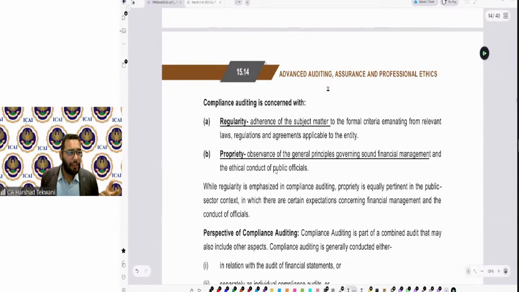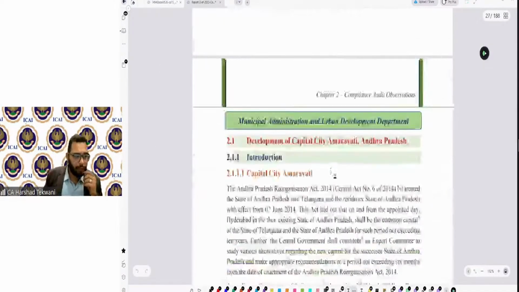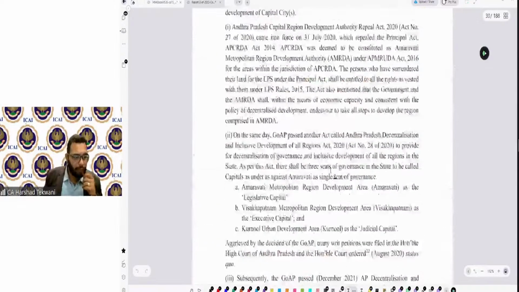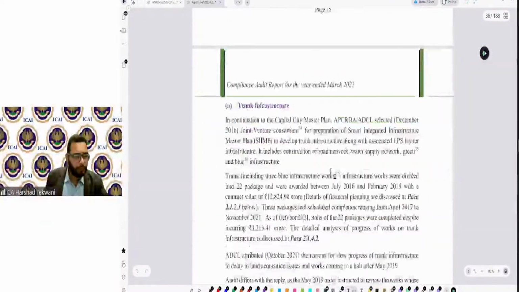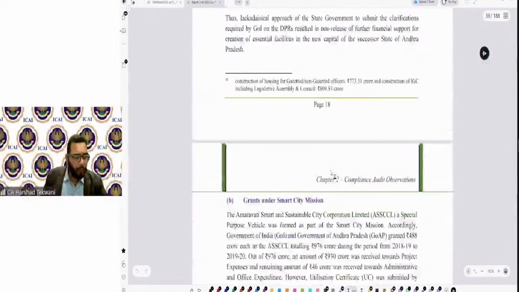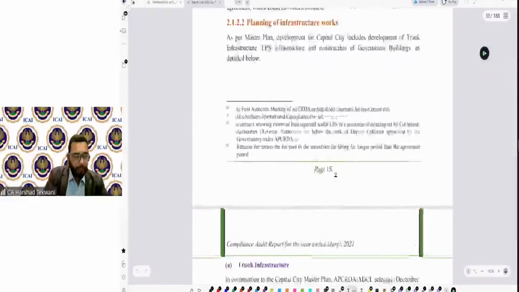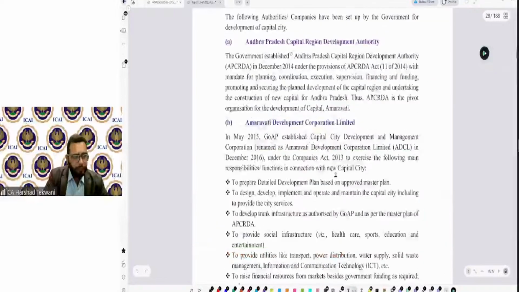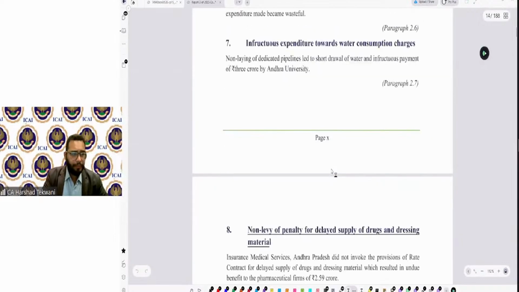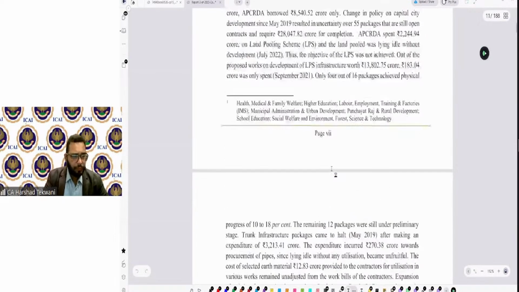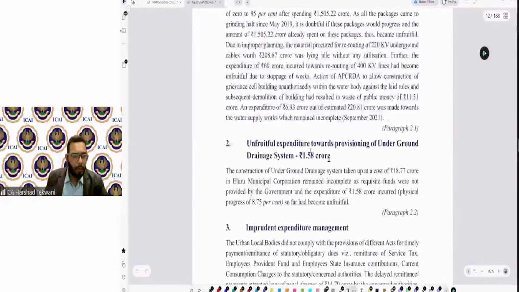Let me show you one example of such a matter. See, unfruitful expenditure towards provisioning of underground drainage system.